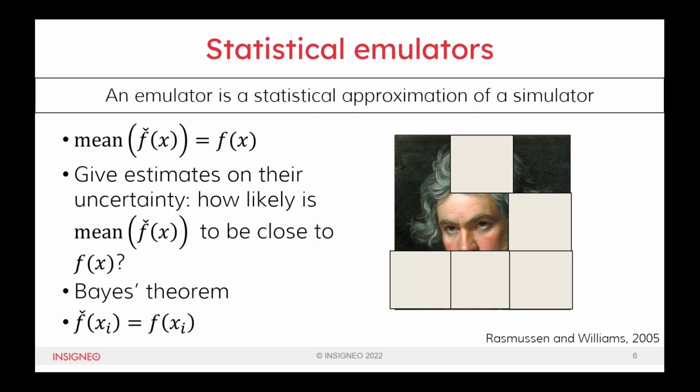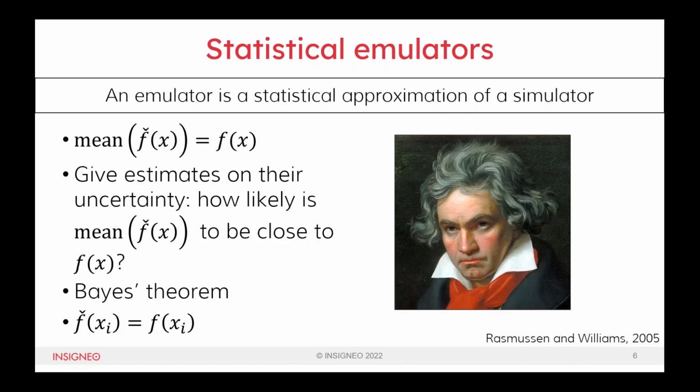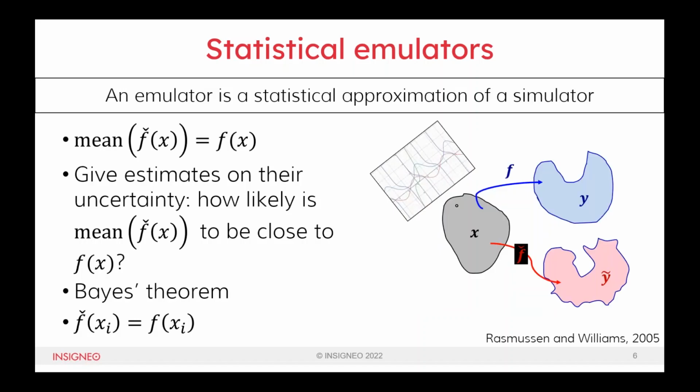Statistical emulators work essentially in the same way. They need an ensemble of observations, which is also called the training data set. From this training data set, the statistical emulator can infer the nature of the system under consideration and the behavior of this function f.